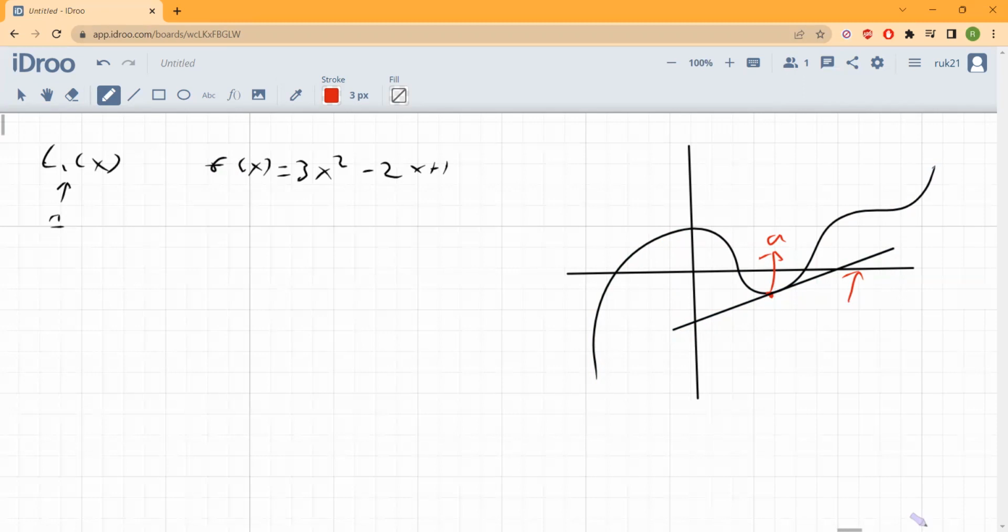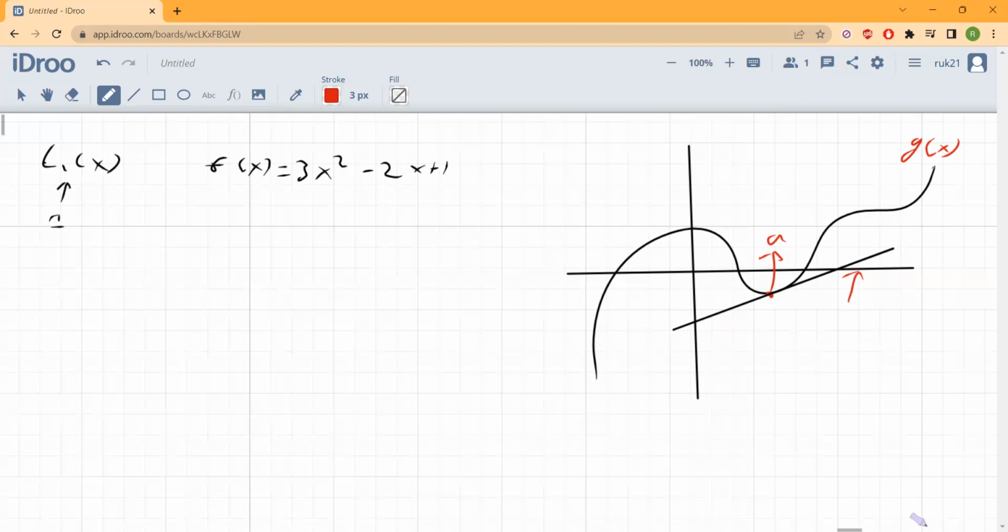But near this point A, this line is going to be very close to the function itself. And to get this line, if we have this function, let's call it g of x so as not to confuse ourselves, then at this point A, to find a line, we need the slope and a point.